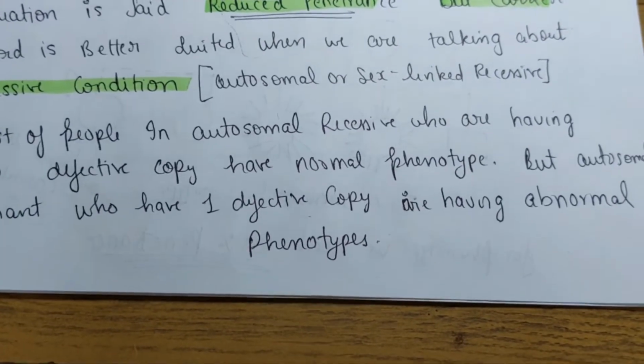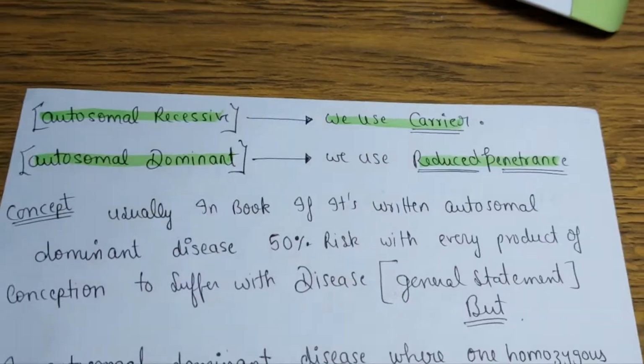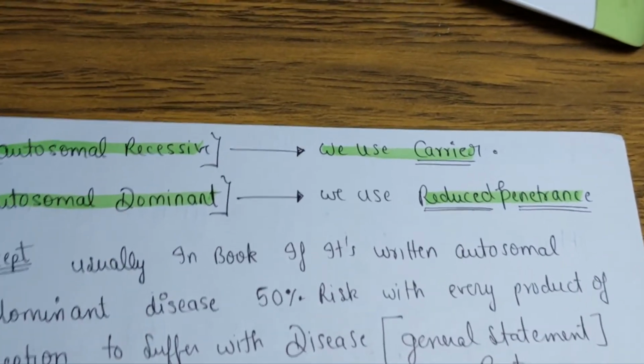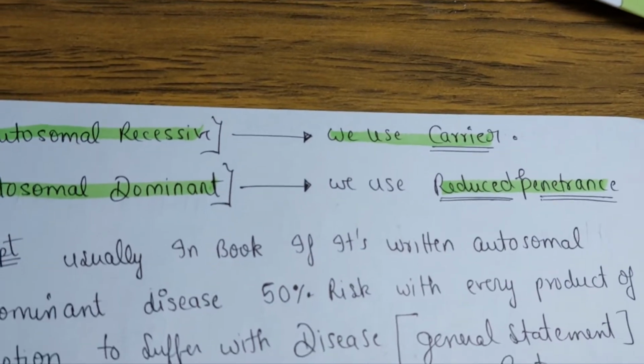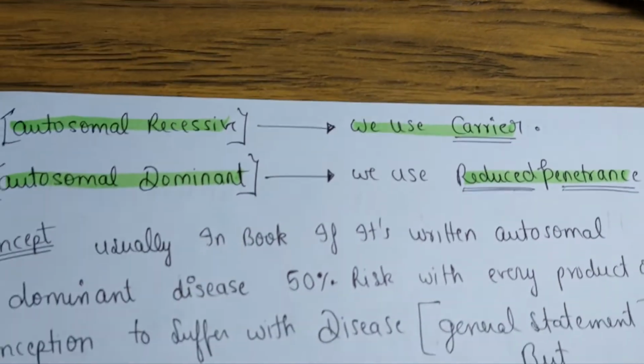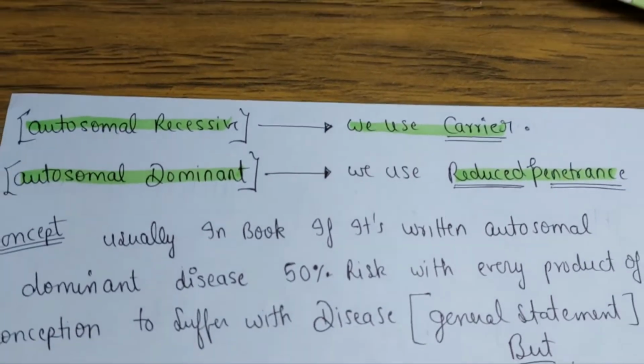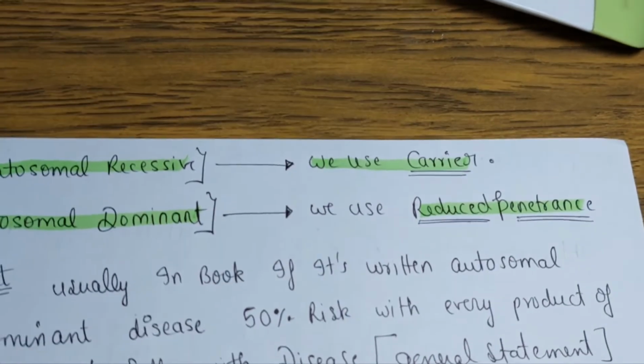Only in very rare cases is there reduced penetrance. So for autosomal recessive, if a person does not express the disease, we call him a carrier, whereas in autosomal dominant disease, if the person does not express the disease, we call it reduced penetrance.